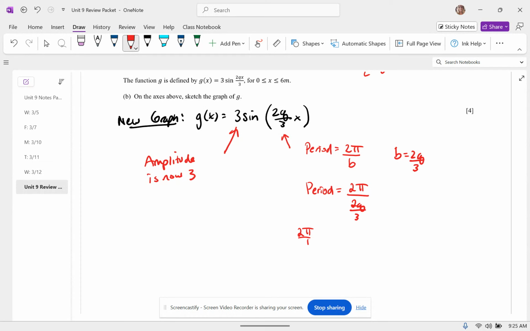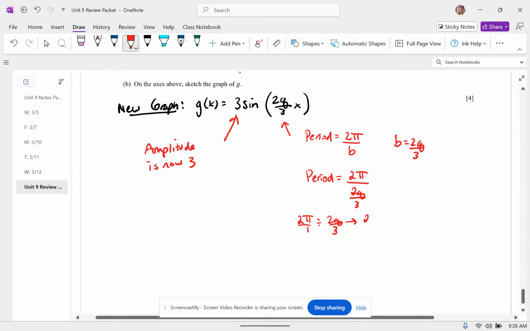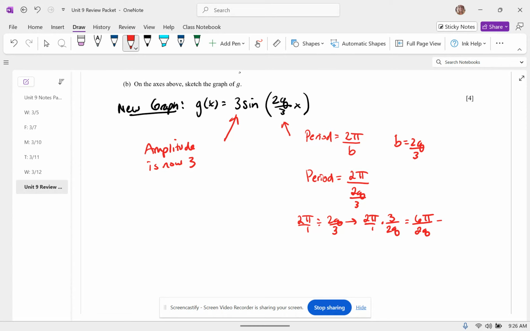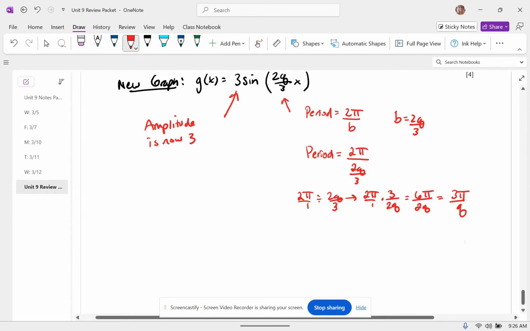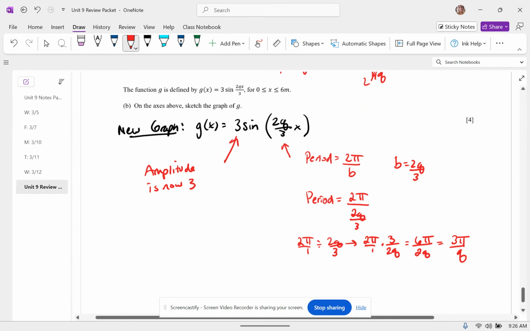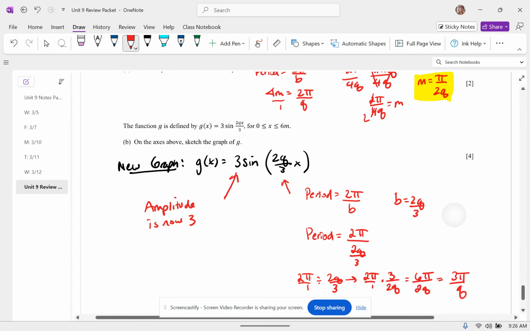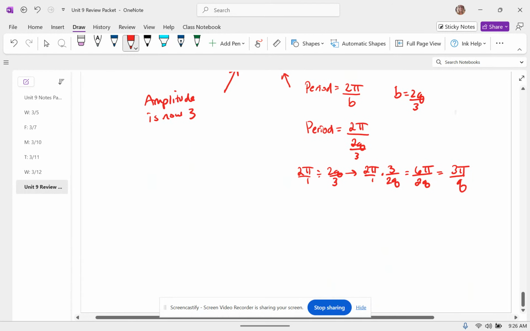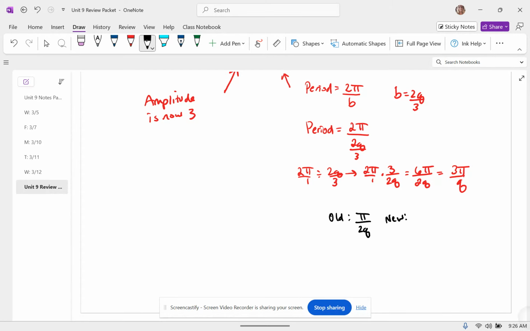That's 2 pi over 1 divided by 2q over 3, which becomes 2 pi over 1 times 3 over 2q. So I have 6 pi over 2q. Let's reduce this a little, and I get 3 pi over q. Let's compare this to the old one, which was pi over 2q. The old one was pi over 2q, and the new one is 3 pi over q.